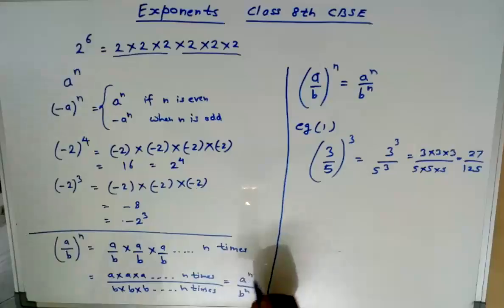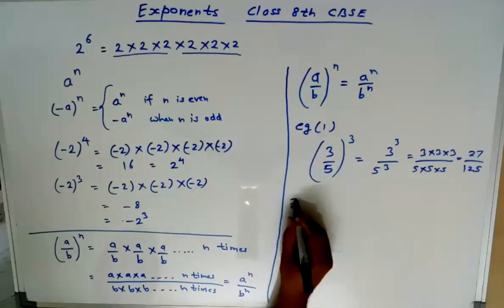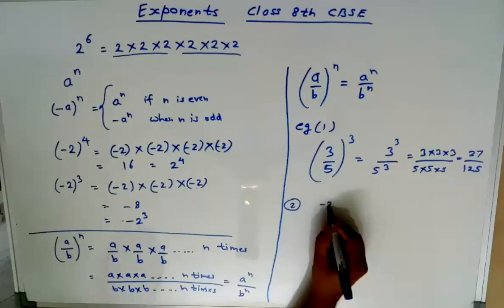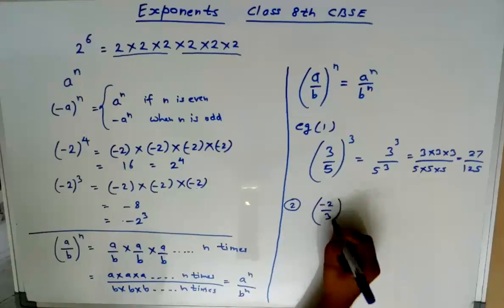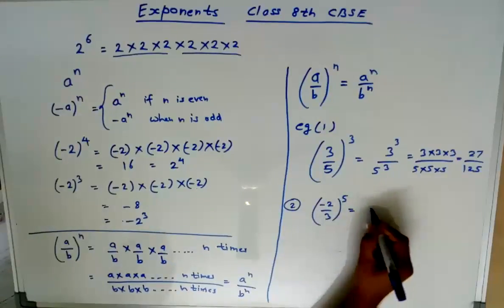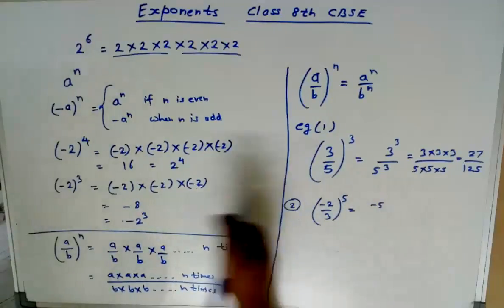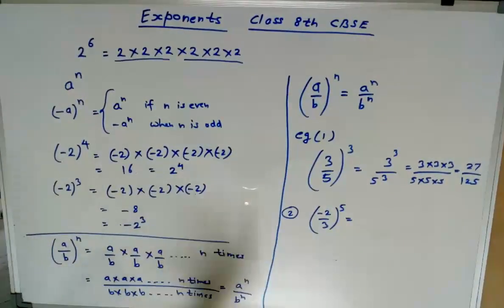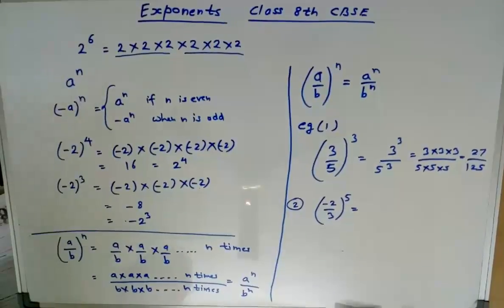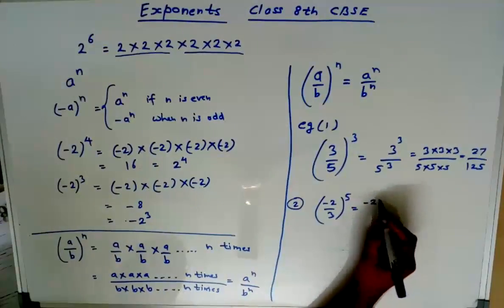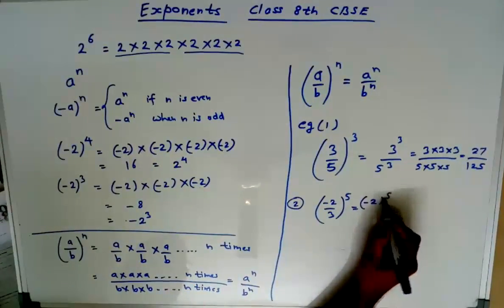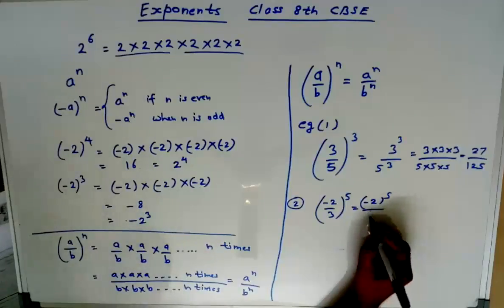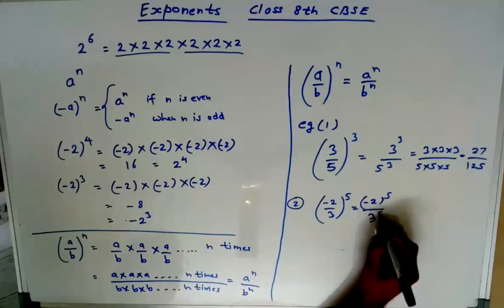Let us take one more example. Example number 2: minus 2 upon 3 raised to the power 5. We can write it as minus 2 raised to the power 5 upon 3 raised to the power 5.